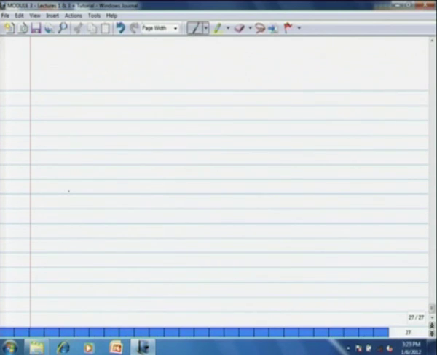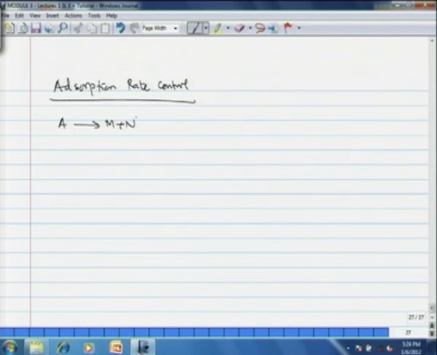Now, let us consider a situation in which the adsorption rate controls. The same two types of reactions. First, the irreversible reaction A going to m plus n.